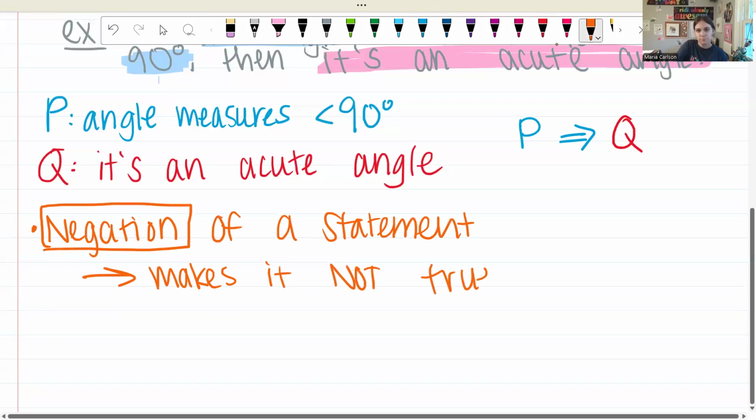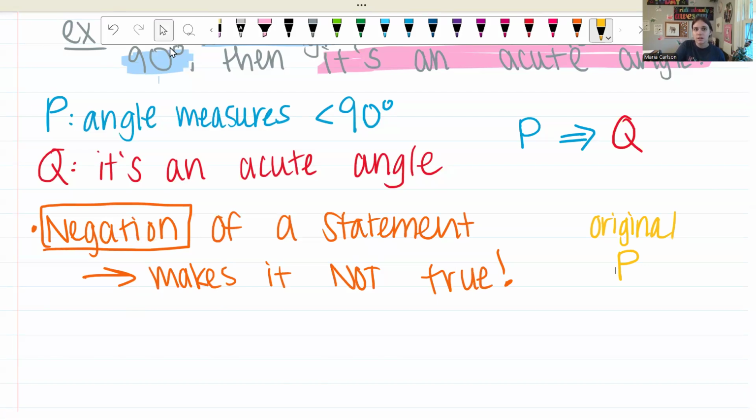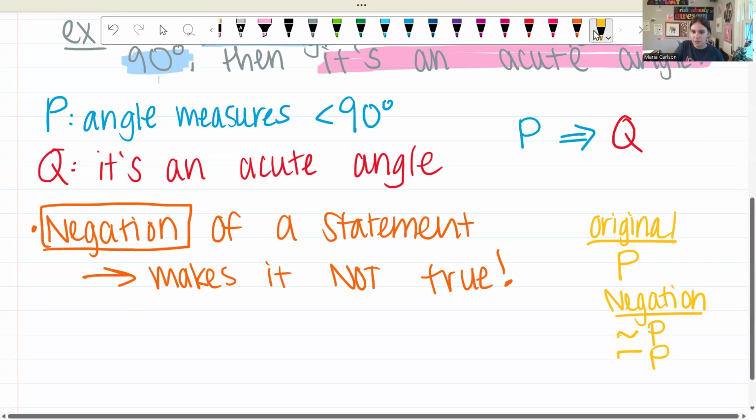If our original statement is statement P, then our negation would be not P, which can be seen with this approximate symbol, or sometimes this little symbol that looks like a bar with a little tick going down on the left side.